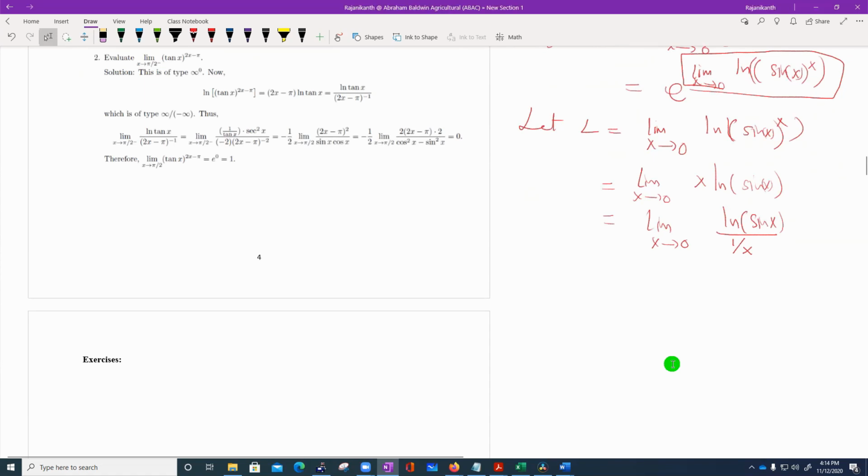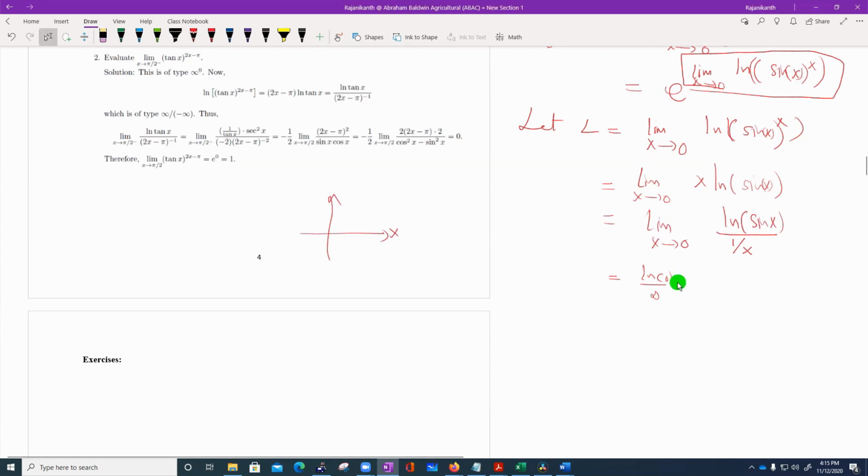Now plugging in the limit 0, what will you get? When x goes to 0, you will get sine 0. So you will get ln 0 over 1 over 0, which is infinity. What is ln 0? Now think about the ln function. Remember last time we discussed the ln function.